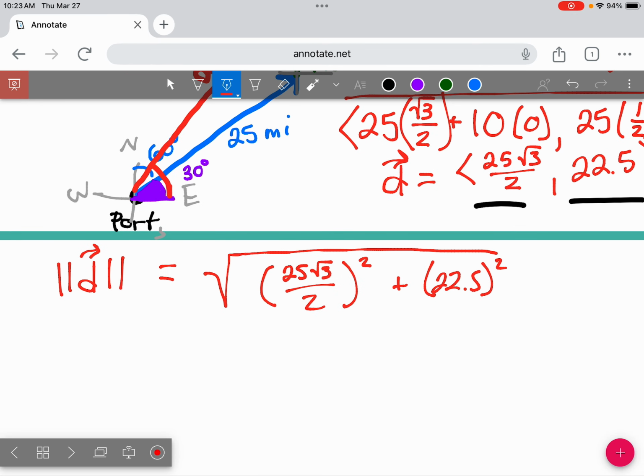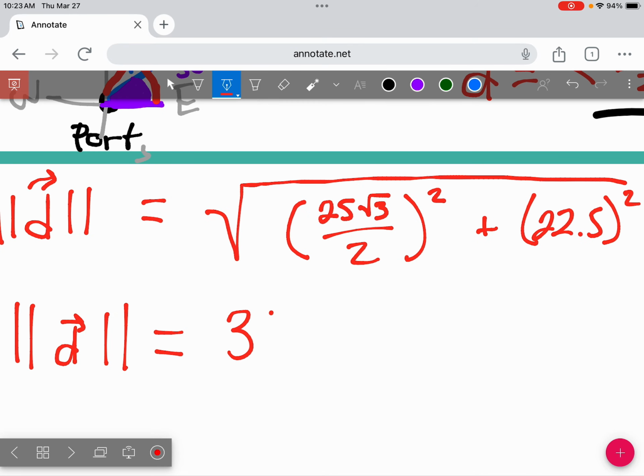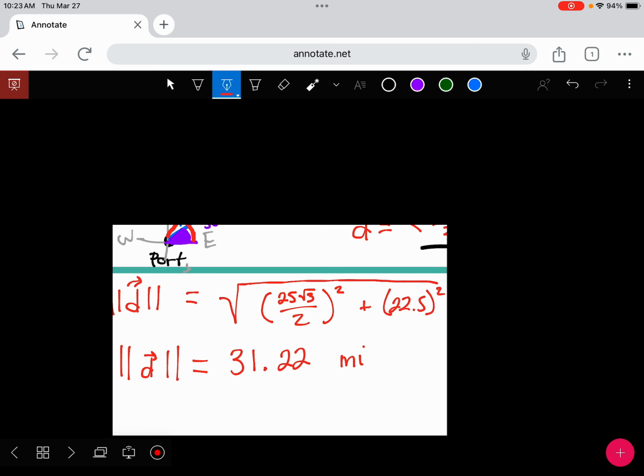So our magnitude of vector D is going to be, what do we get? 31.22 miles.